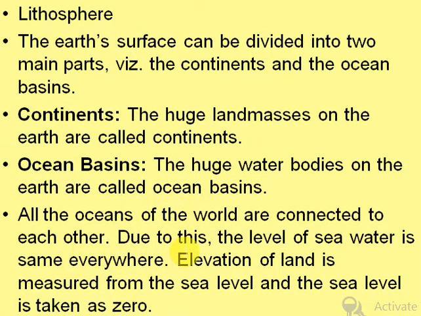All oceans of the world are connected to each other as we discussed. And due to this, the level of sea water is same everywhere. And elevation of land is measured from the sea level, and the sea level is taken as 0. So, to measure the height, we take the sea level. All heights are measured from the sea level.